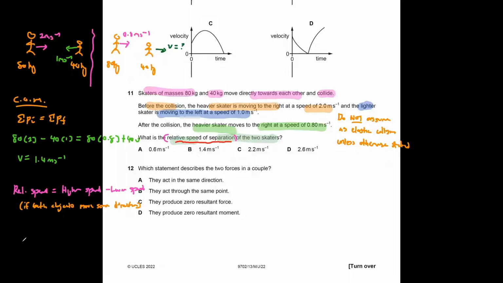But if you're talking about objects that move in opposite directions, relative speed is the higher speed plus the lower speed.